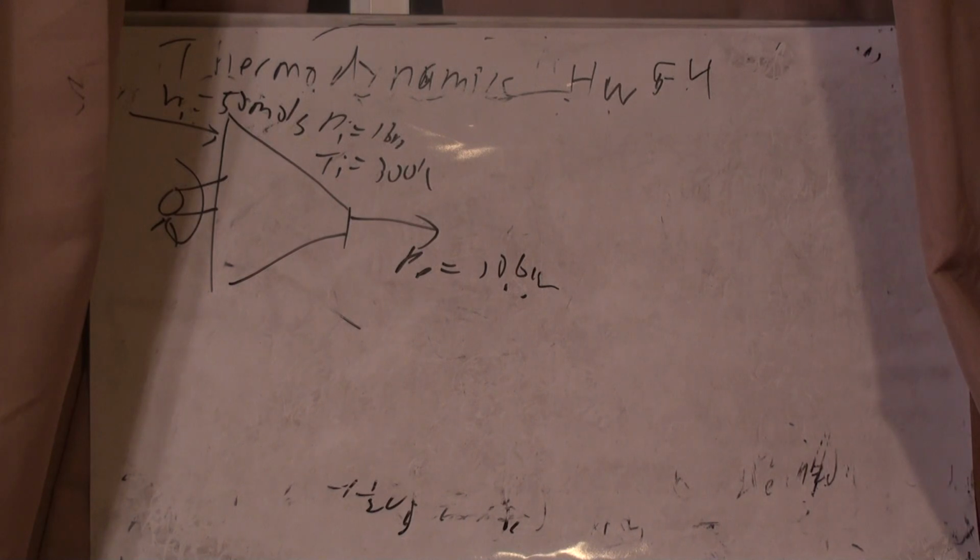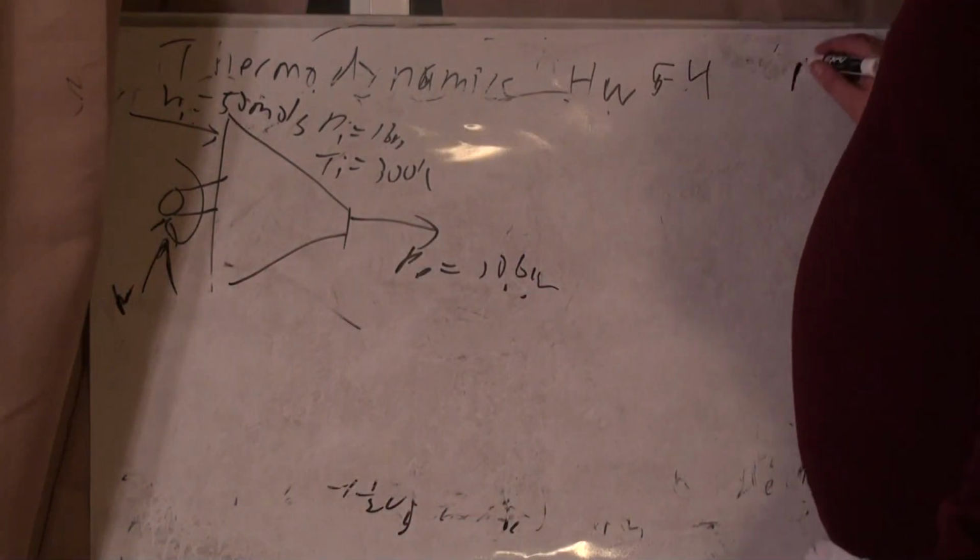Because with compressors, sometimes you want them isothermal, sometimes you want them adiabatic. But those are kind of our two extreme cases. Let's look at both and see which one's going to give us the least amount of work, because the work is coming into the system.